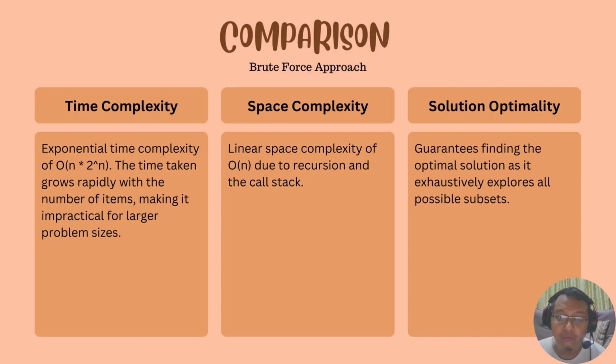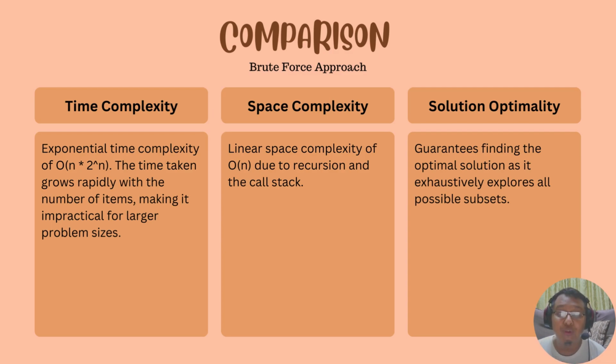For each subset, it calculates the total value and weight, which takes big O of n time. Thus, the overall time complexity of the brute force approach is big O of n times 2 to the power of n. The exponential growth of time complexity makes this approach highly inefficient for larger problem sizes, as the number of subsets grows exponentially with the number of items.